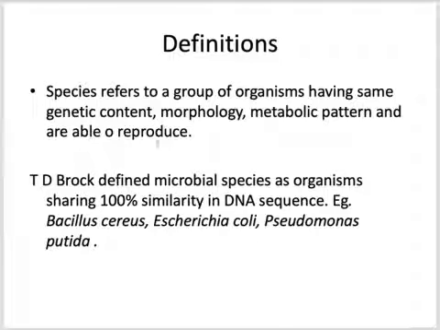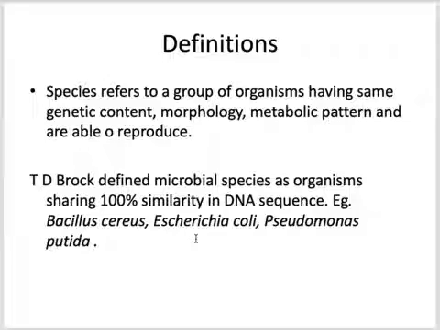There is one scientist, T.D. Brock, a very famous microbiologist. He defined microbial species in a different way: as organisms that share 100% similarity in DNA sequence. For example, all the Bacillus cereus have 100% similarity in DNA, and all the Escherichia coli, also called E. coli, have 100% similarity in their DNA sequence.